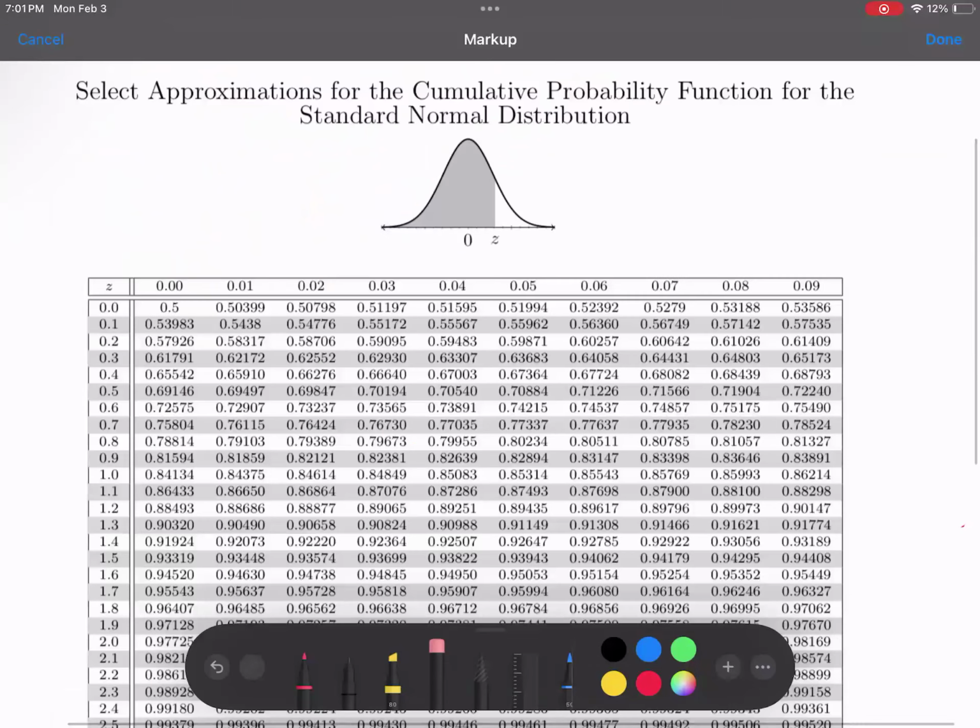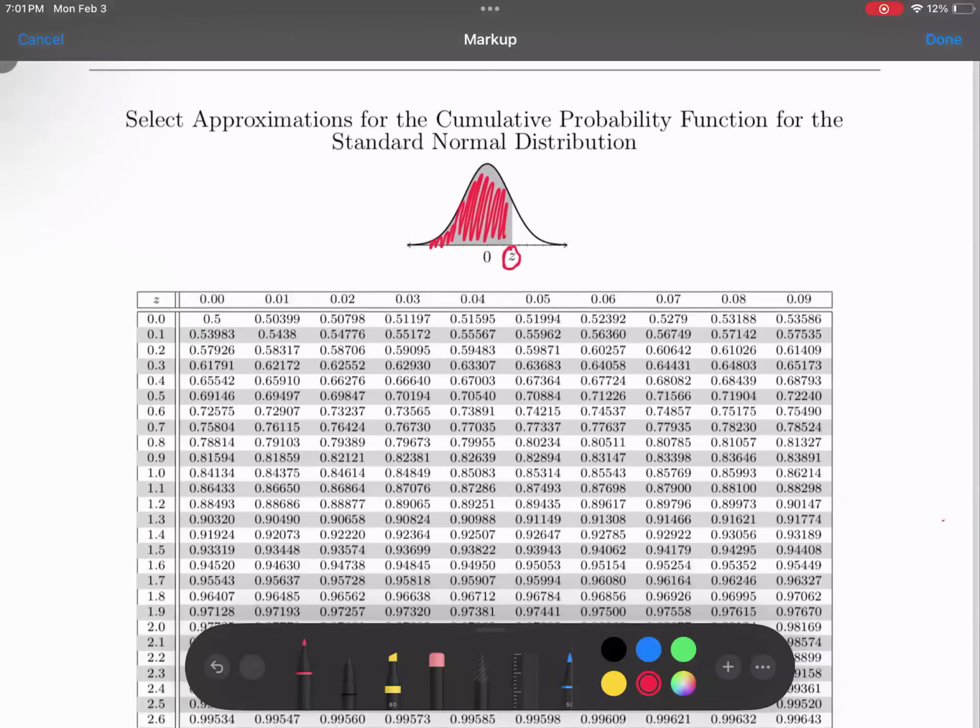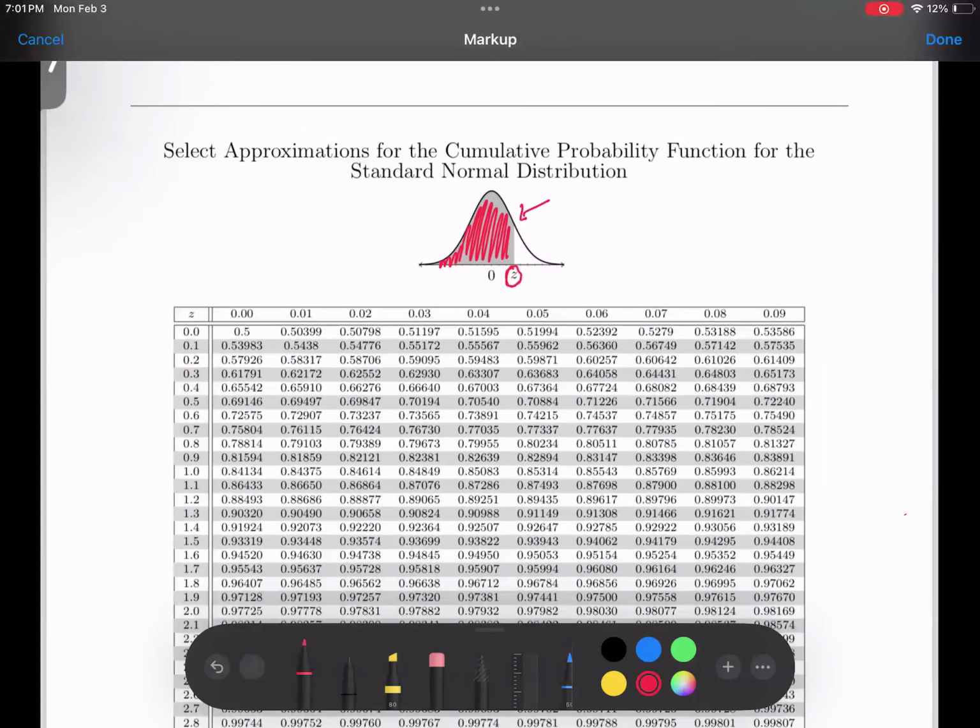Here, this graphic tells me that I'm looking at the areas to the left of z-scores. So if I know that I want this area to the left to be 95% or 0.95, I'll scan through this table and look for 0.95 or a number as close as I can to it.